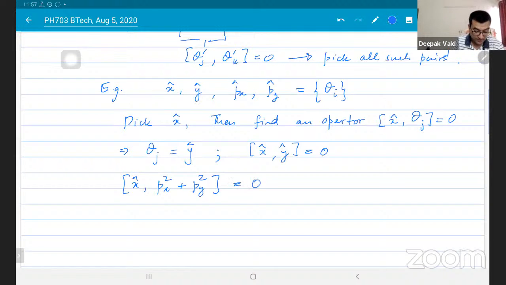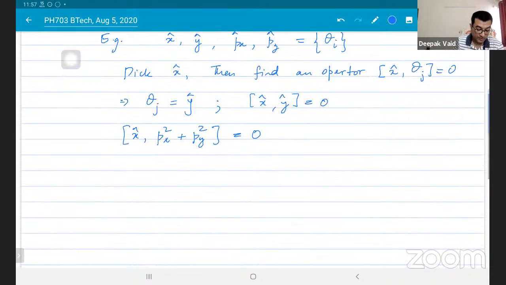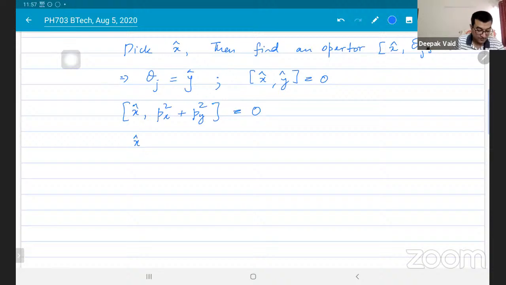So this thing is also going to be 0, so you have this set of operators x, y, px squared, py squared.